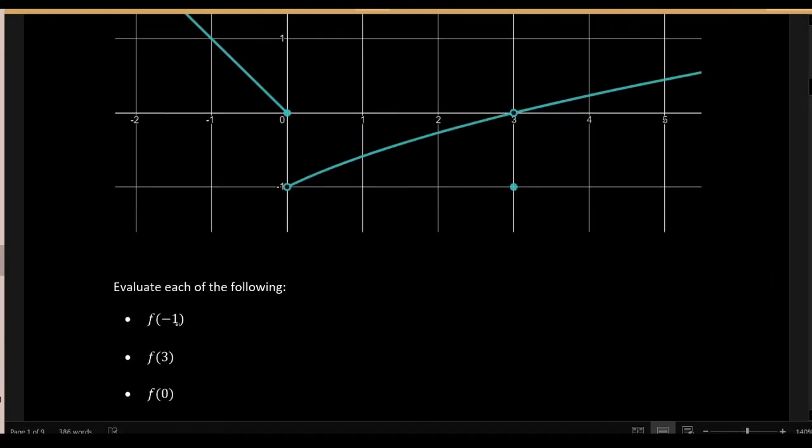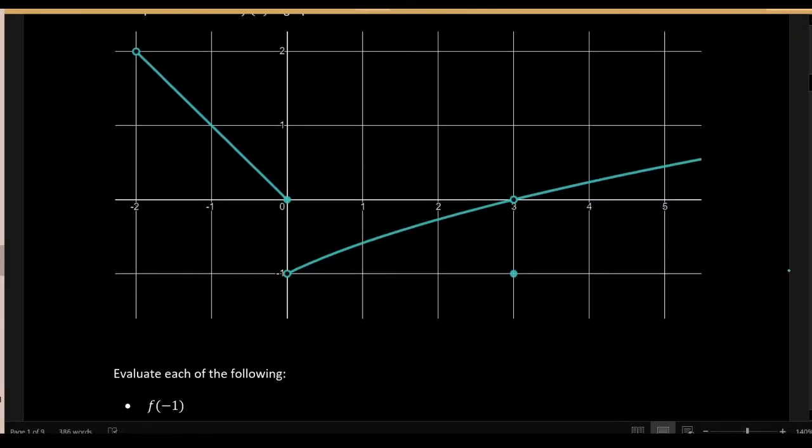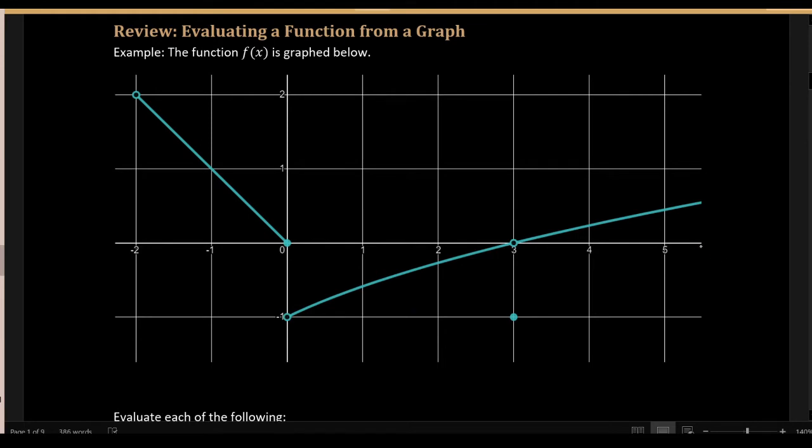If I'm going to evaluate f at -1, the first thing that I'm going to do is locate a horizontal position in this picture where x is -1, and that would be right here. Now, looking at this horizontal location, I'm going to try and find a point on the graph that has an x-coordinate of -1.